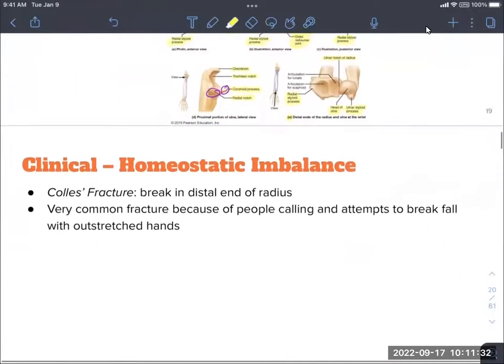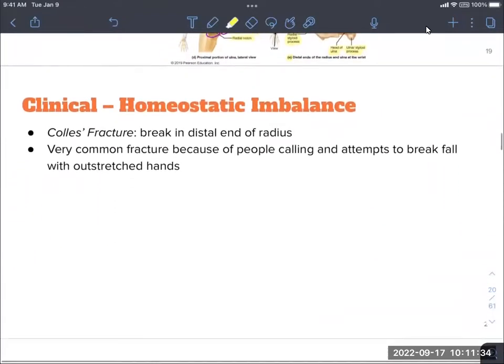There are specific names when bones break. It's called a Colles fracture if the distal portion of the radius fractures, if it breaks. If you've ever tripped and fallen and put your hands out as you're falling face first to try to catch yourself, this is how that fracture usually happens.